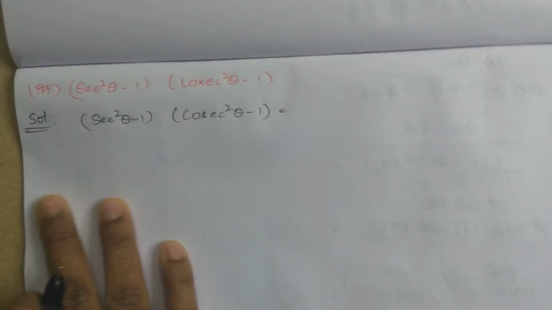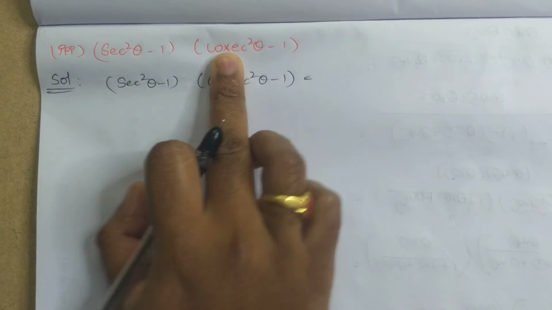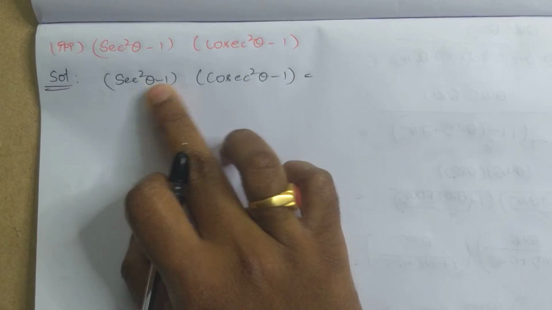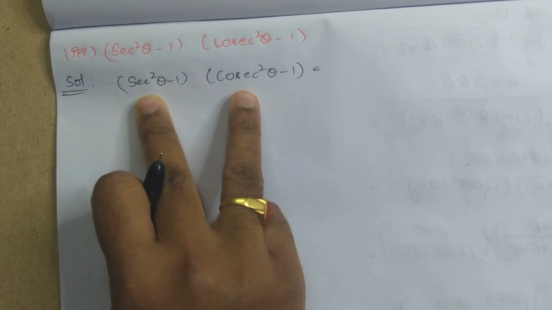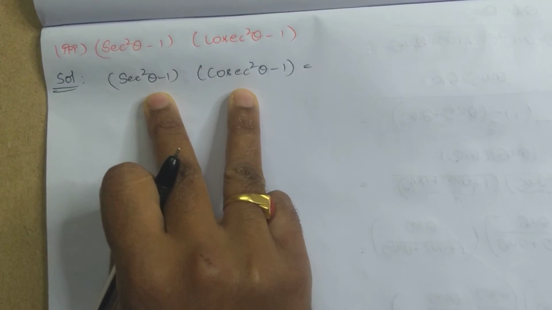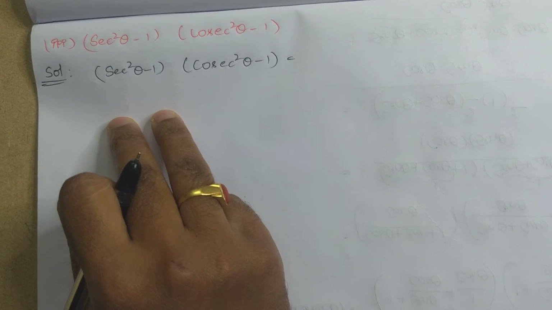See here, this is sub question 3 they have given: (secant square theta minus 1) into (cosecant square theta minus 1). I have just written here whatever was given. So by seeing these two terms, what did you recall? The trigonometric identity formulas. Did you remember them?